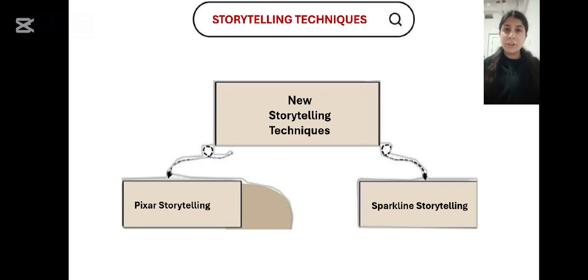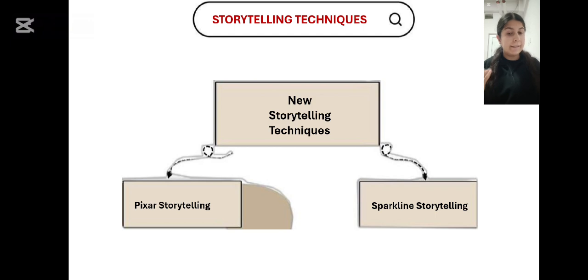The general structure is: once upon a time there was, and then every day, and then one day, after that because of that, and at the end until finally. This is the main structure of the Pixar storytelling technique. We can say that Apple and some famous people like Steve Jobs use this technique a lot.